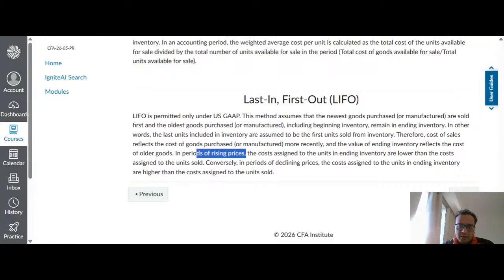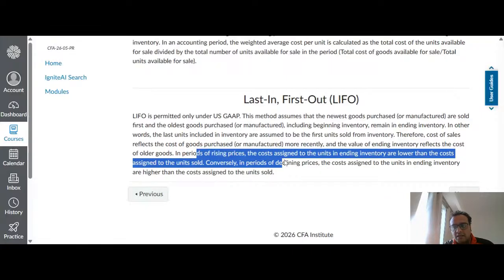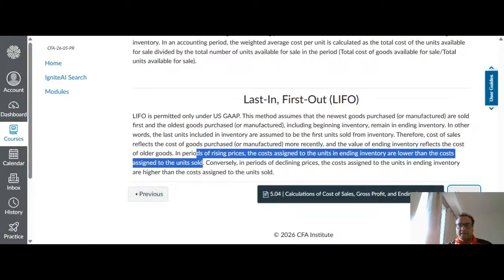In periods of rising cost, the cost assigned to units in ending inventory is lower than the cost of goods assigned to the units sold, because if the rate of purchase was 100 at the beginning of the year and 120 at the close, I will always believe the 120 goods are sold first. That goes to the P&L, and therefore the cost assigned to the ending inventory is lower than the cost assigned to the units sold. Perfect.